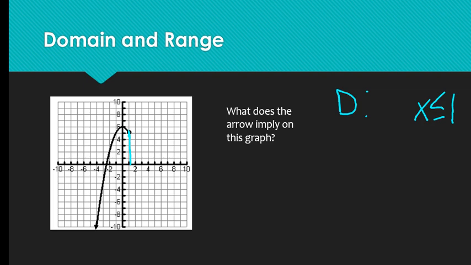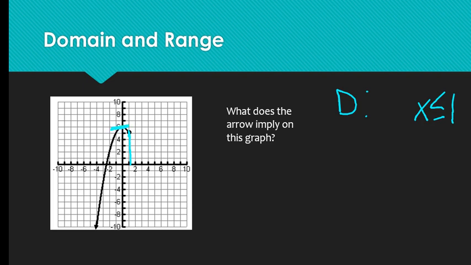But there is no stopping point in the left direction. So the way we are going to describe this is just that x is all real values less than or equal to 1.